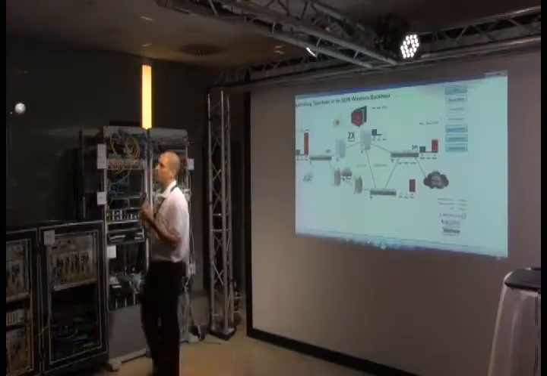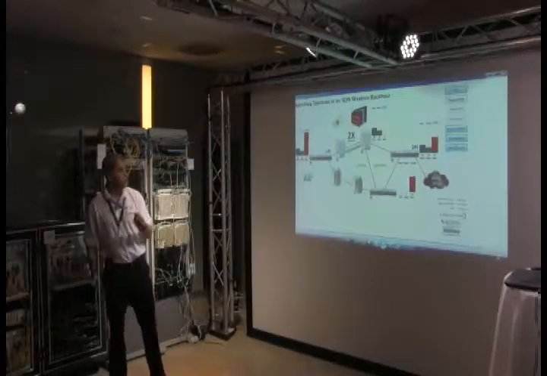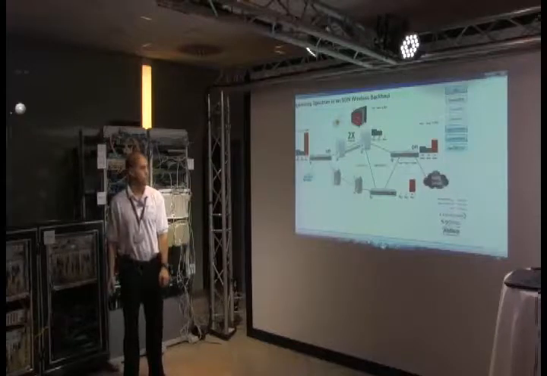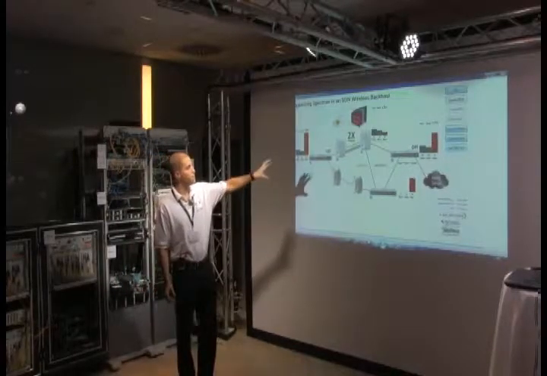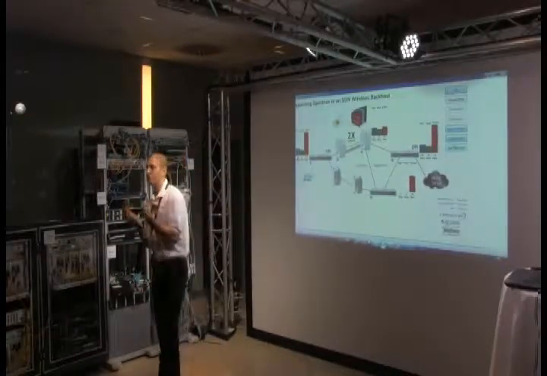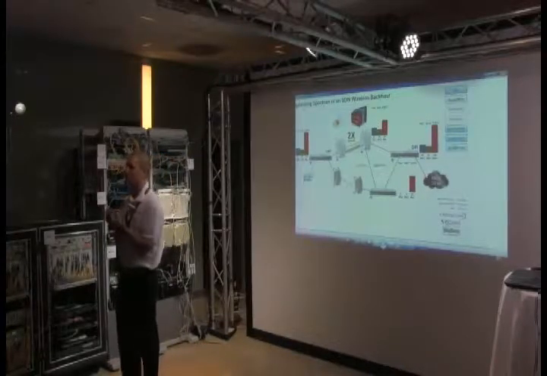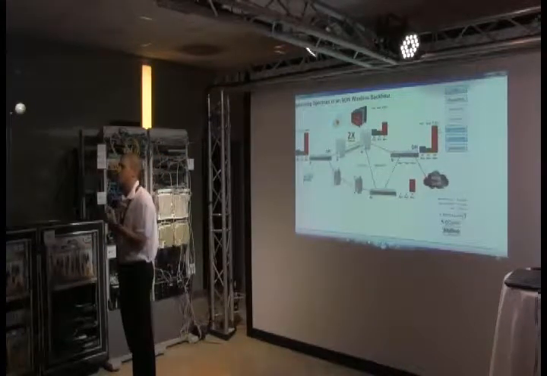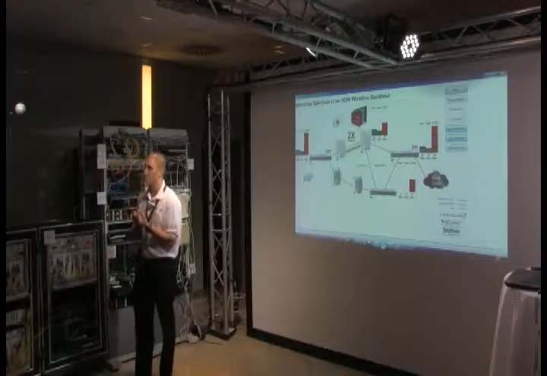But once the rain condition disappears, okay, I go back to my full capacity. So what I'm showing you is something kind of trivial, but it's something that's not being done today, okay? I'm dynamically changing a spectrum in a wireless mobile backhaul.